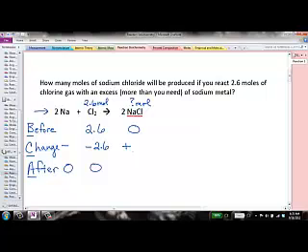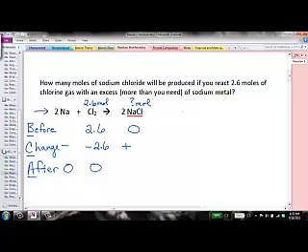In this one, the math is nice and easy. It's a 1-to-2 ratio. 1 mole of chlorine produces 2 moles of sodium chloride. So if the change in my chlorine is 2.6, then the change in the sodium chloride is going to be 2 times that. And as long as you have a balanced equation, you're going to have the left side of this ratio that I'm setting up.